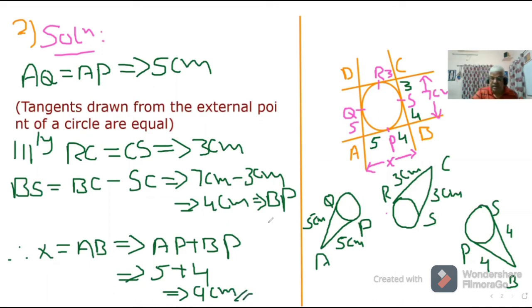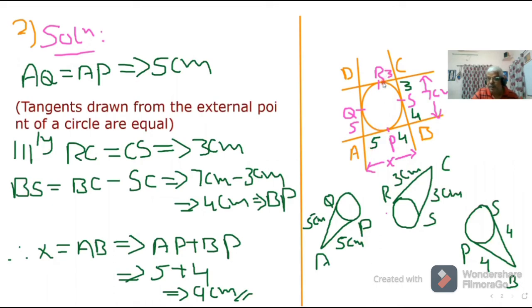My dear students, once again I repeat the explanation. Please concentrate. First, I took that AQ measurement and AP measurement are equal because A is the external point, and AQ and AP are the tangents drawn from the external point A. Therefore, both of them are equal, so I took AQ and AP as 5 cm.